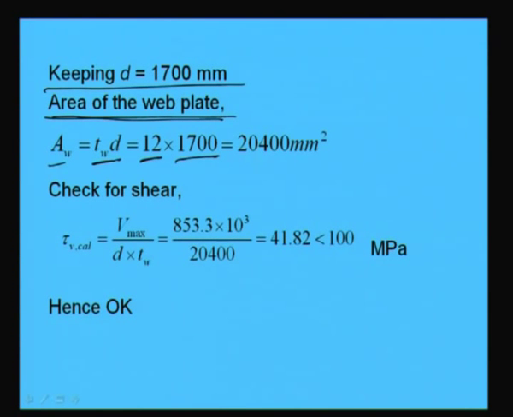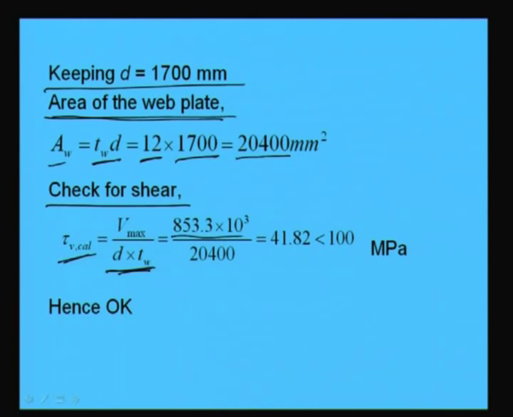So, this will become 20400 millimeter square. So, area of web Aw is becoming 20400 millimeter square, right. Now, we have to check for shear, that is tau V cal equal to V max by d into Tw, right.